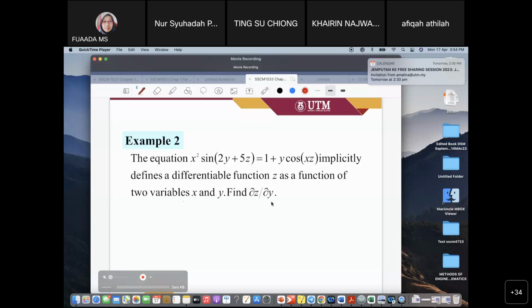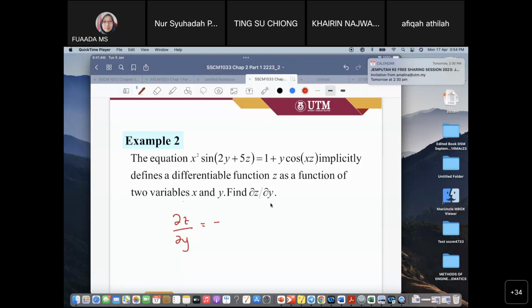So now we want to use the formula. We have to find del z over del y, so the formula is negative fy over fz.